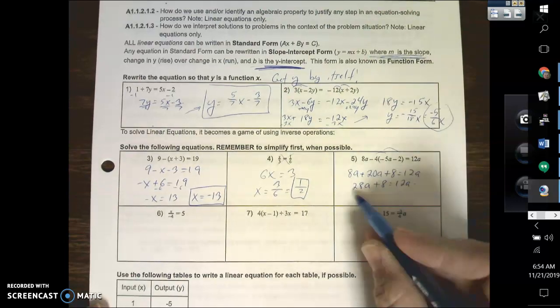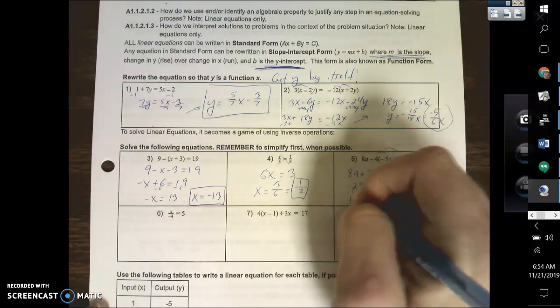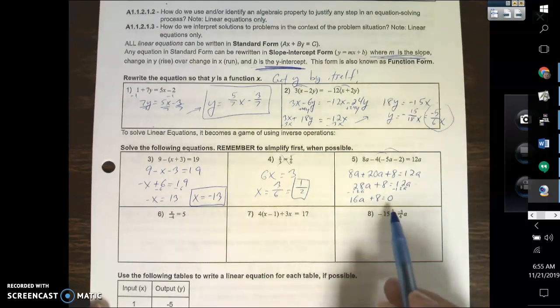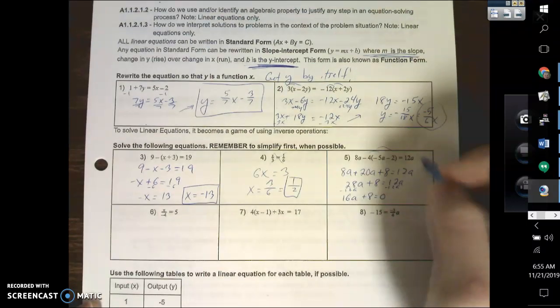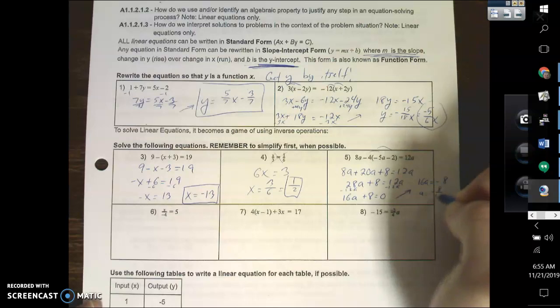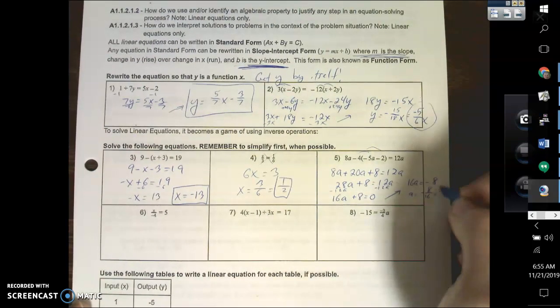I'm going to subtract 12a over here. Please be careful. This is a common mistake most kids make. That'll give you 16a plus 8 equals 0. Don't forget to keep the 0 there. I'm going to subtract 8 over, so 16a equals negative 8. Divide negative 8 over 16, which reduces down to negative 1/2.